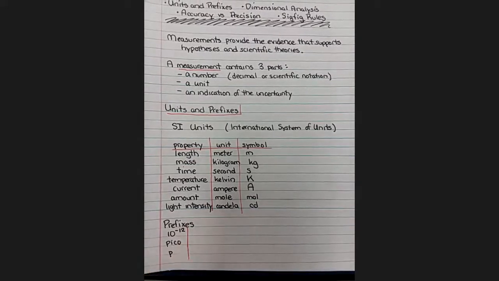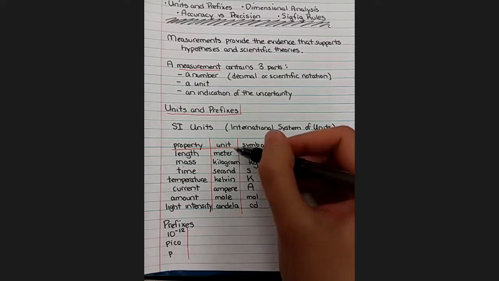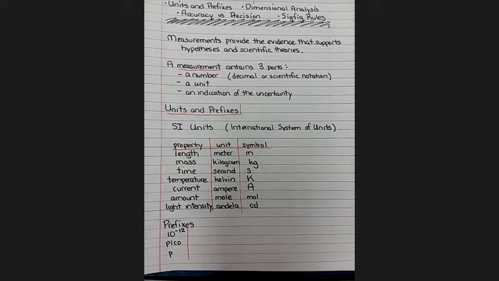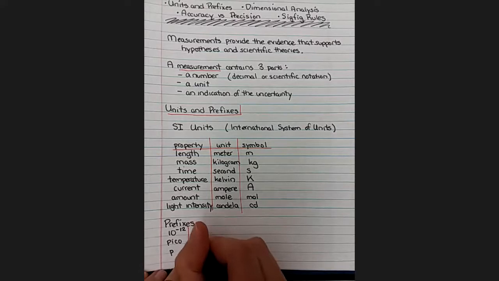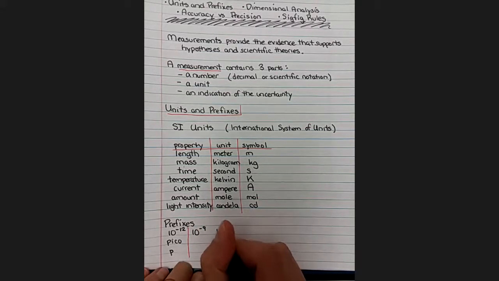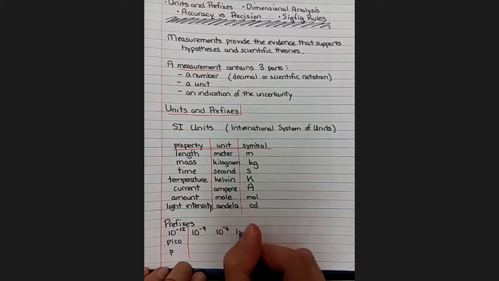So for example, we'll start from the smallest end. The smallest unit we're going to do is pico. If we put pico in front of meter, 1 picometer is 10 to the 12th times smaller than 1 normal meter. So we're going to do 10 to the negative 9th, 10 to the negative 6th, 10 to the negative 3rd.